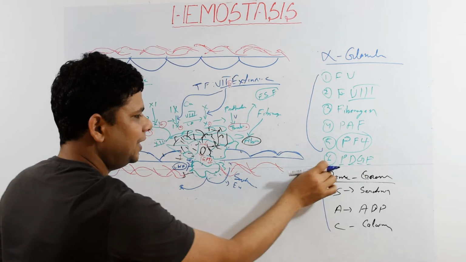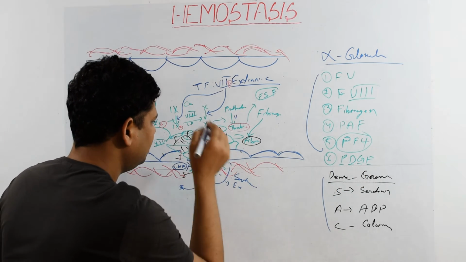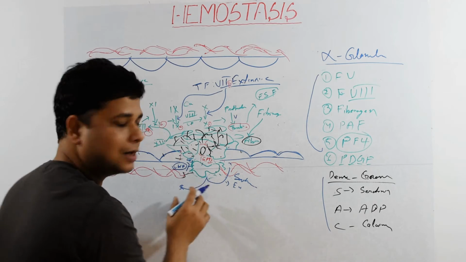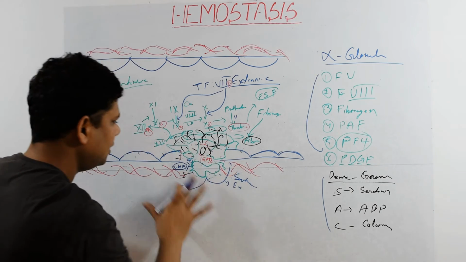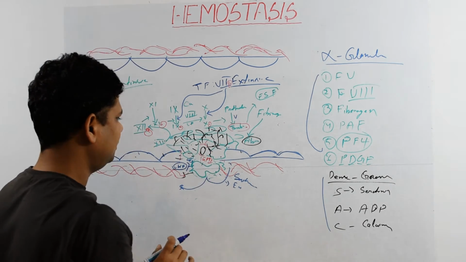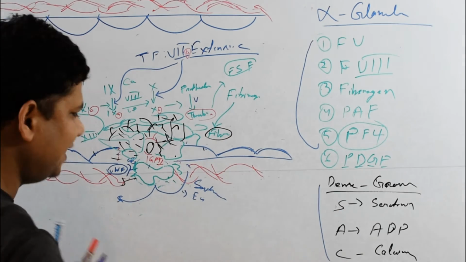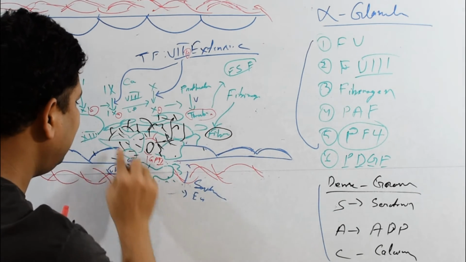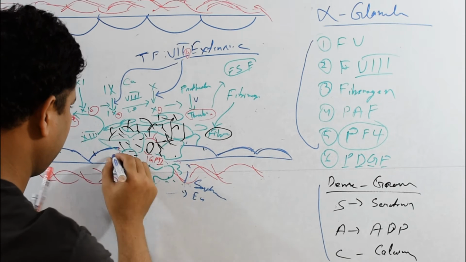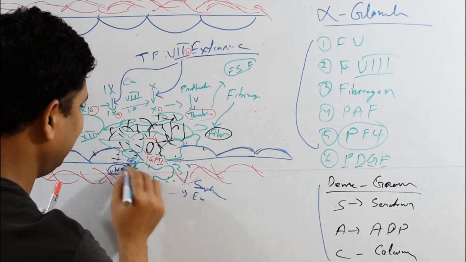So these platelet-derived growth factors help in growth of endothelial cells and some sub-endothelial cells surrounding the rupture, surrounding the damaged cells. So when these growth factors act, these cells will grow back.